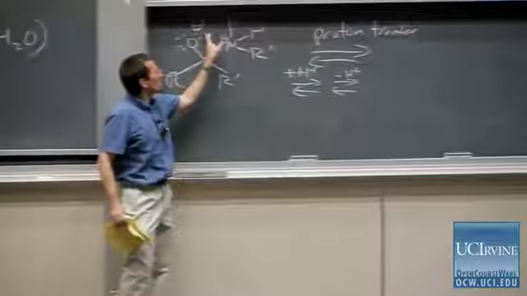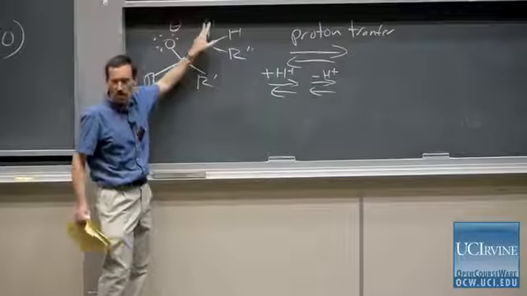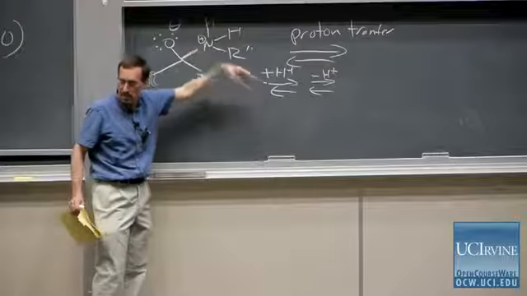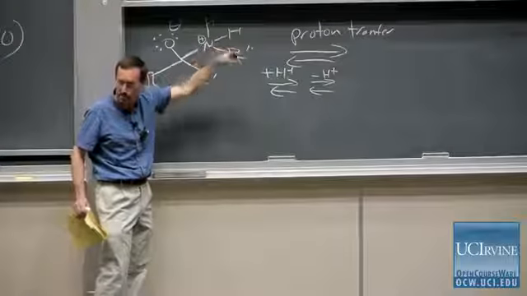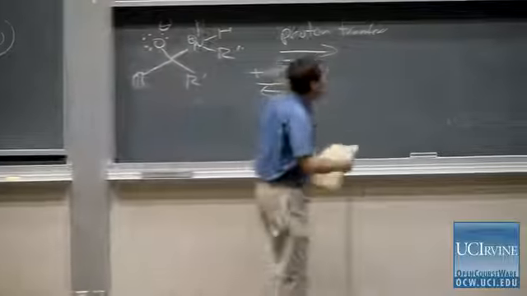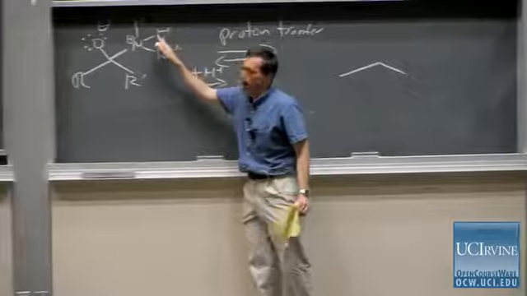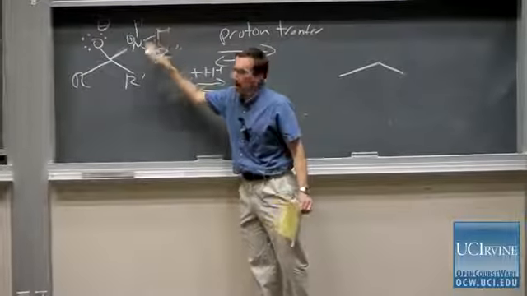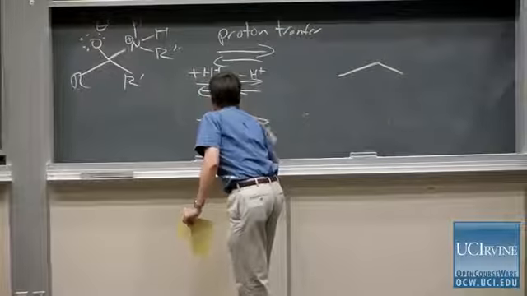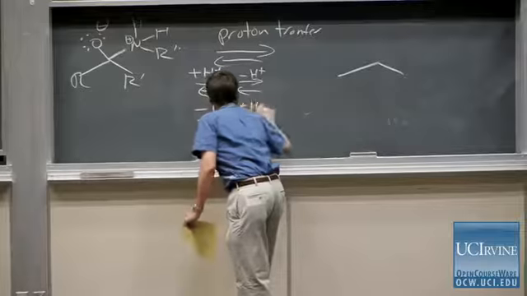Anyway, however you wish to think about this is fine, whether you think about this oxygen pulling off a proton, or you think about BH+, some acid that's present transferring a proton and then pulling off a proton, or even the reverse. In other words, first pulling off a proton with a base like amine, and then putting on a proton. So I will write all of these ways that I think are valid for thinking about this.